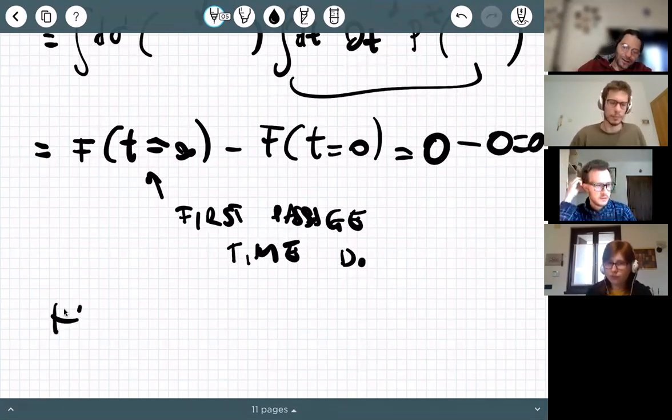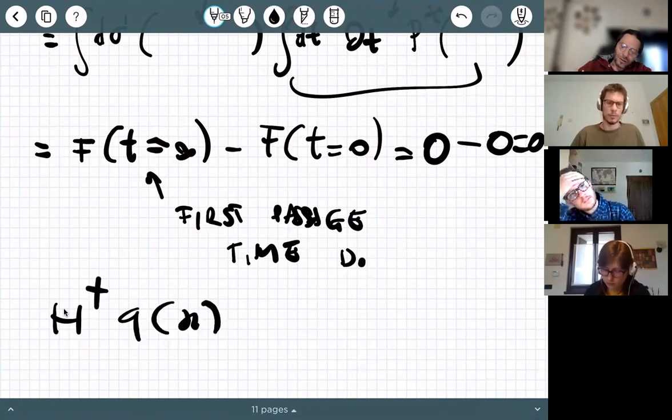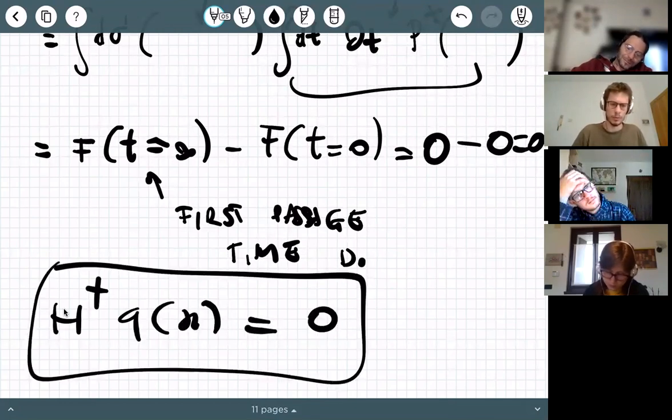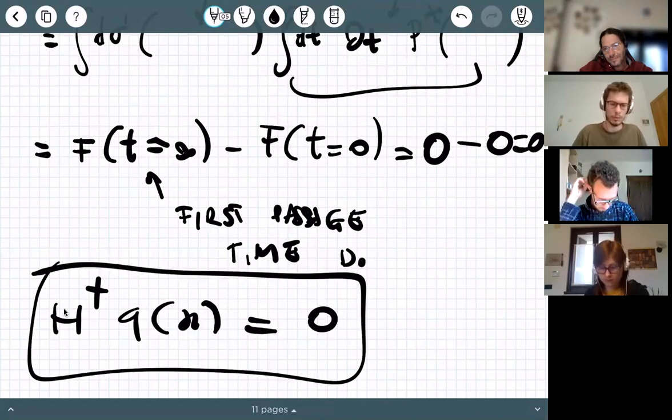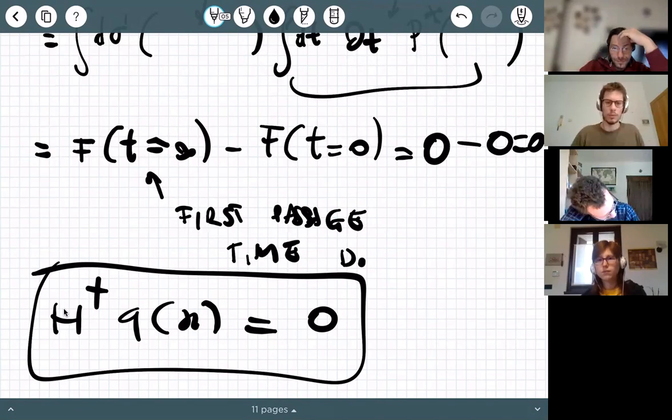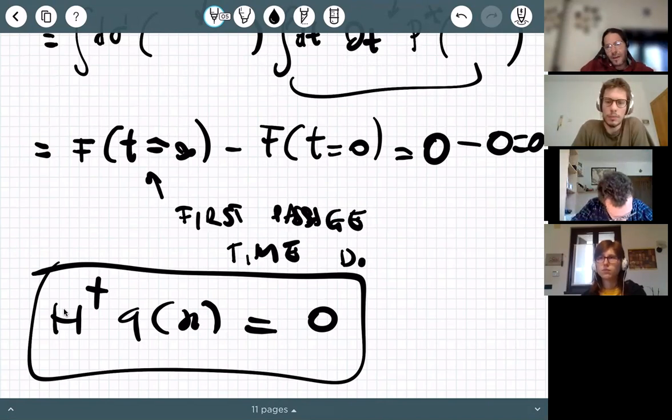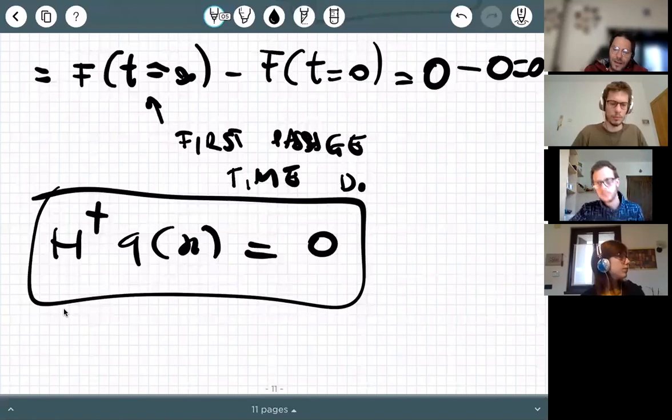So we discover that the backward Kolmogorov equation is equal to zero. Which is a fundamental insight, because for instance, in the simplest case of one dimension, I can use this to solve the problem.